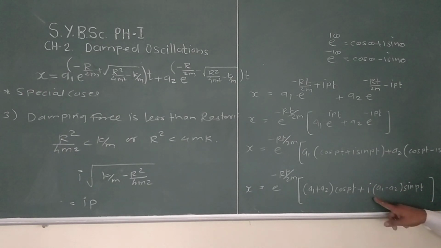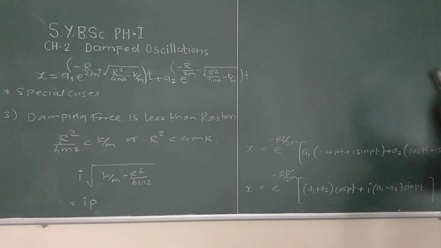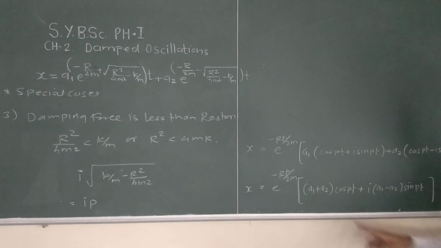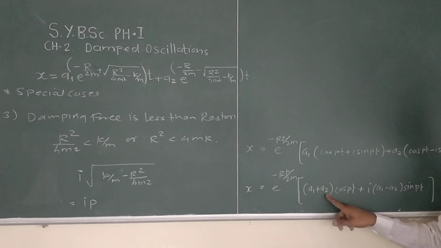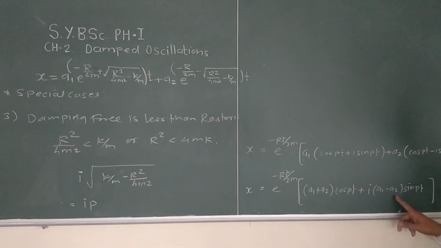Right? I times a1 minus a2 into sin pt. Then in the next step we put this a1 plus a2 as some value and this I times a1 minus a2 as some value.